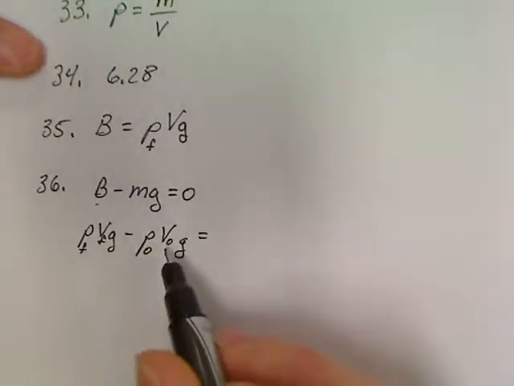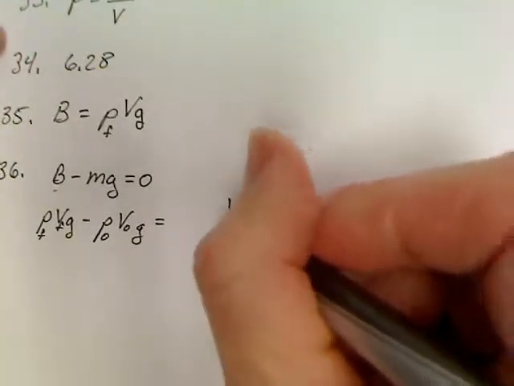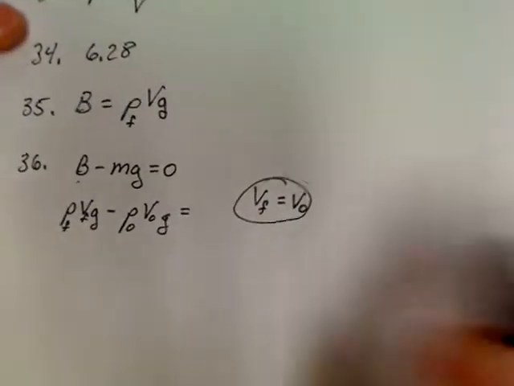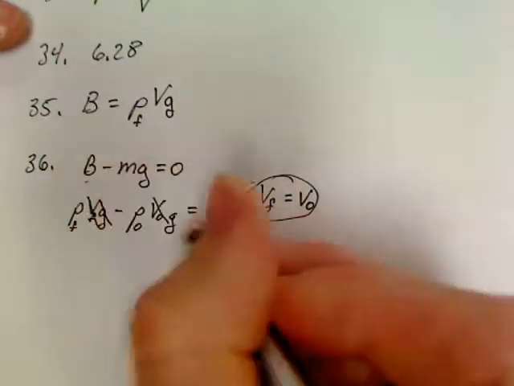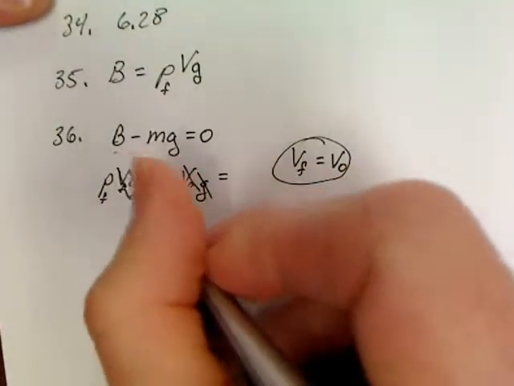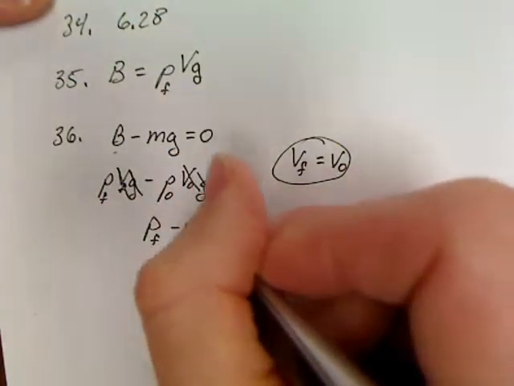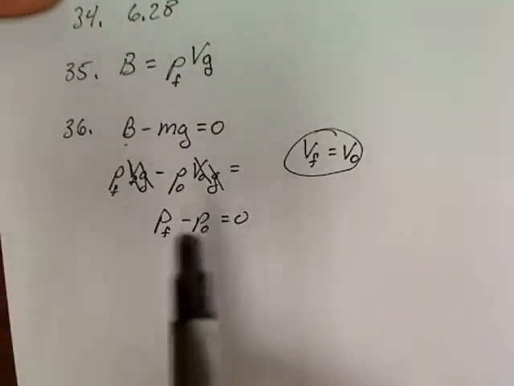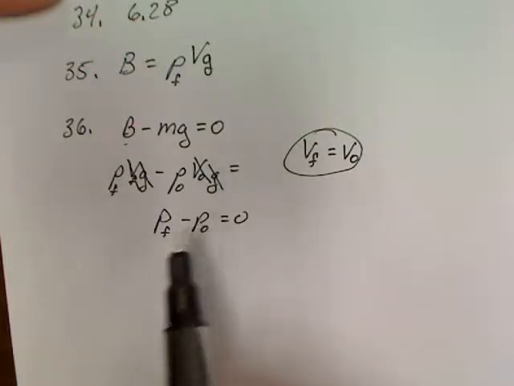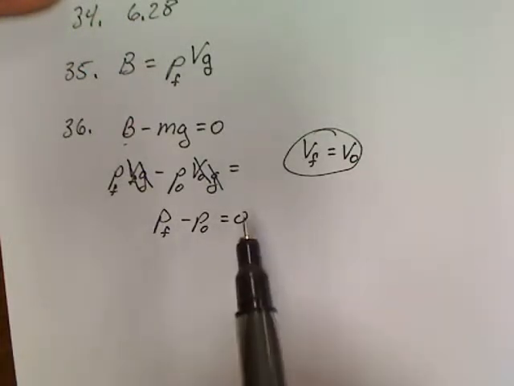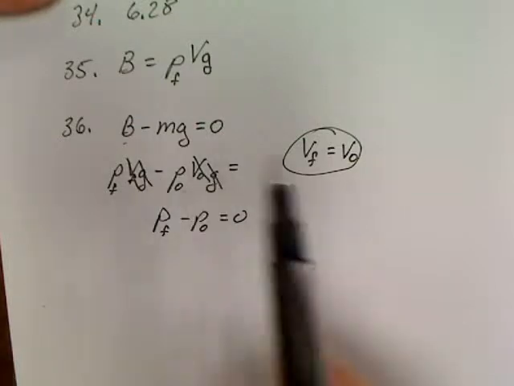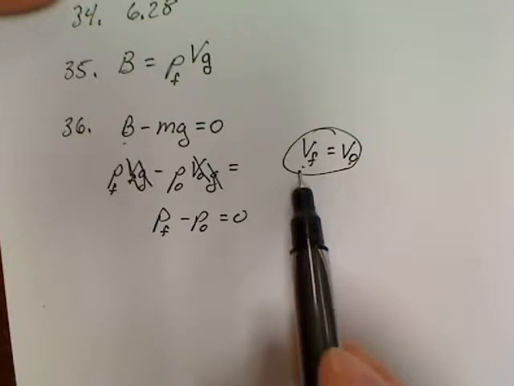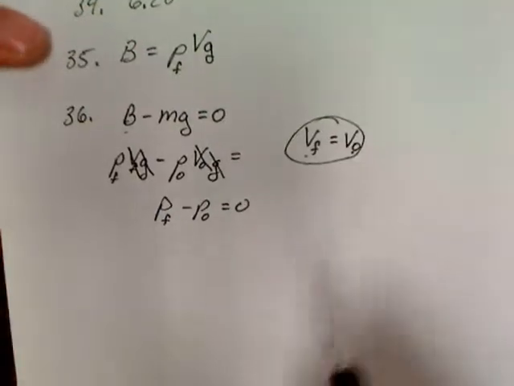Well, if it's completely submerged, submerged means that V F and V O are the same. Which means really, for something to be submerged, all you've got left is that. And here's what's funny. If it's submerged and these two don't match, the object's either going to be sinking or rising. So that's what it means to be submerged. The volume of the object and the volume of your fluid are the same volumes.